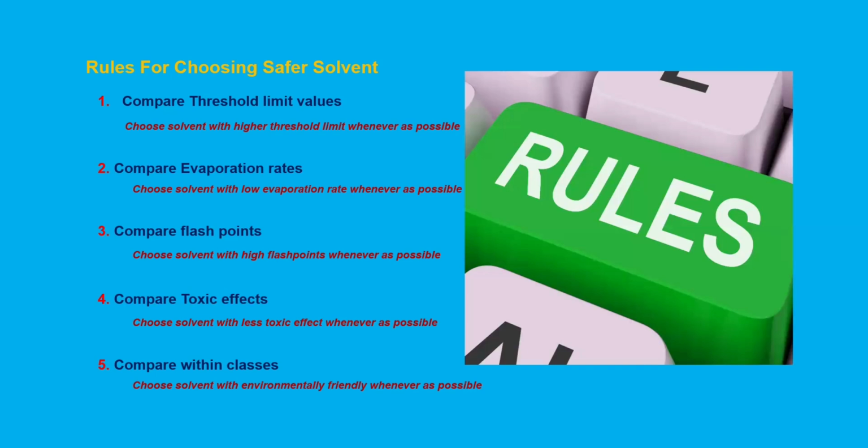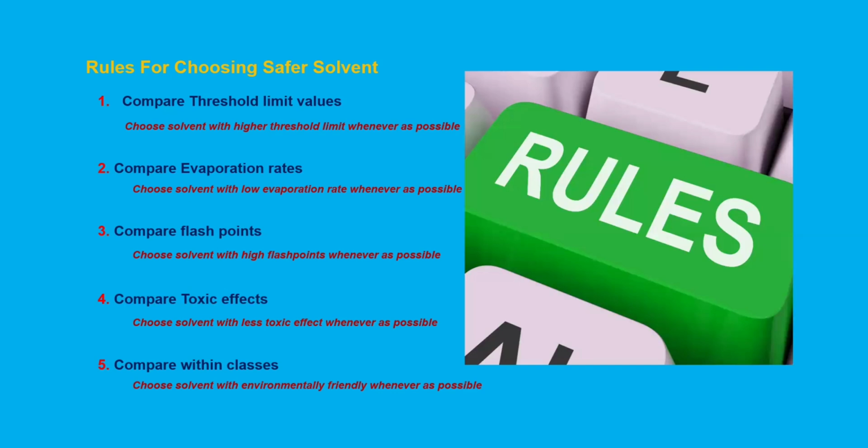Because if you are using high evaporation rate solvents in your printing inks, you can face many problems like fast ink drying, pinholing, foaming, thixotropy, and incompatibility with the substrates. Compare flash point. When you are choosing the right solvents, always choose high flash point solvents.